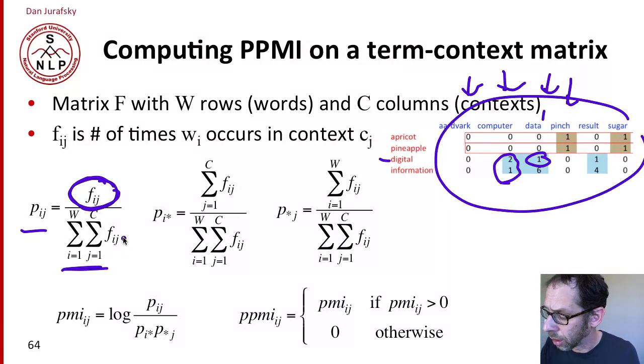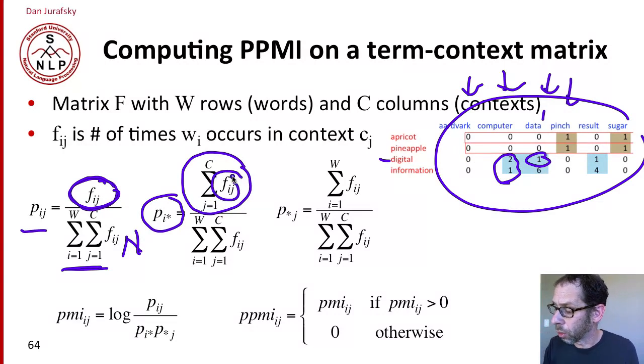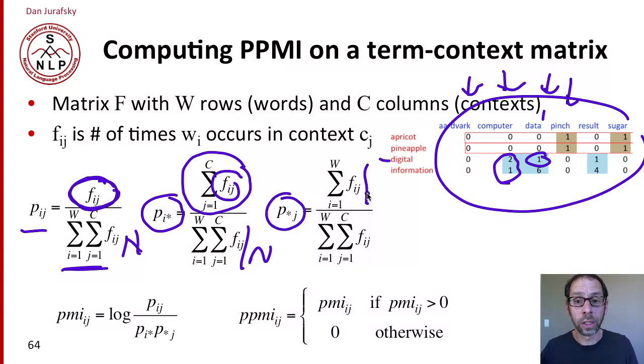That's the denominator N. The probability of a word, that's a row i star, is the count of all of the contexts that word occurs in. So we sum over all possible contexts, and we sum all the counts for that word in those contexts, normalized by N. And the probability of a context is the sum over all words that a context occurs in, those counts, again normalized.